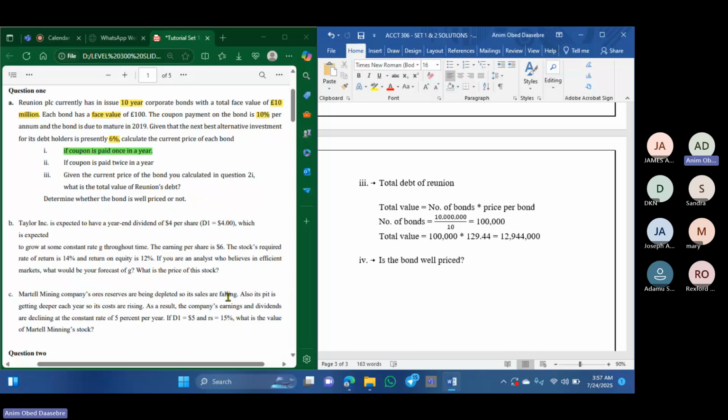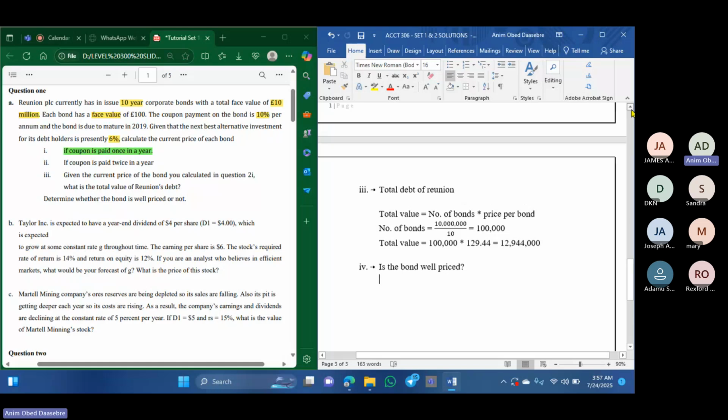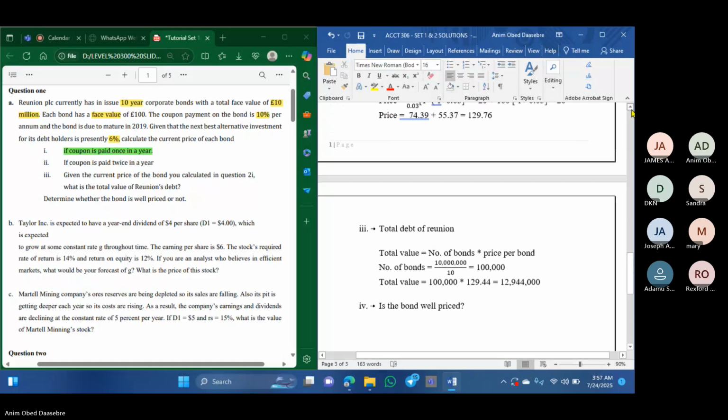We are going to check the coupon rate and the maturity based on the price. In our question, it gives us a 10% coupon rate and 6% yield to maturity, or required return.